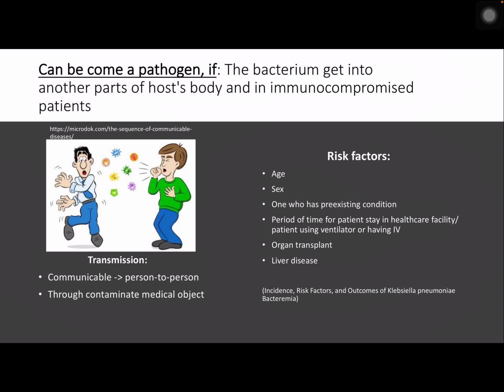Moreover, the bacteria is associated with nosocomial or hospital-acquired infection, so staying in the hospital for too long or using a ventilator machine will also affect the chance of having Klebsiella pneumoniae infection. And you can easily get infected when having a solid organ transplant or having liver disease as well.